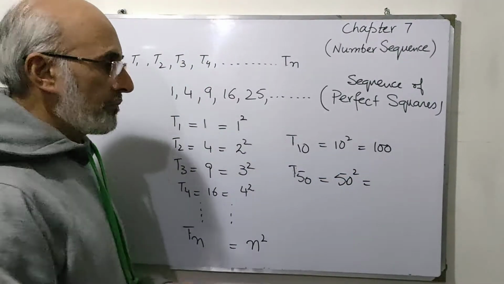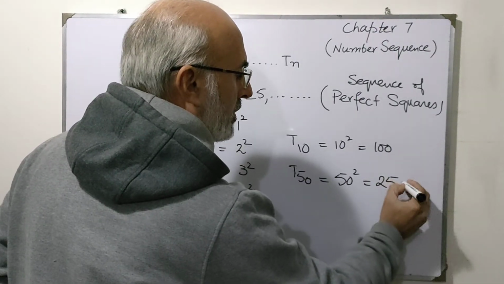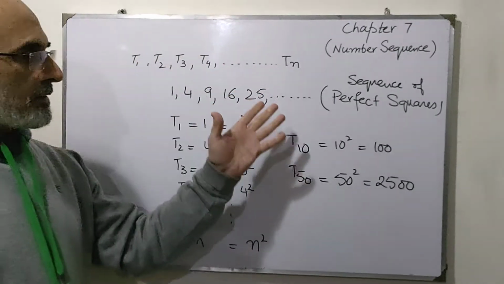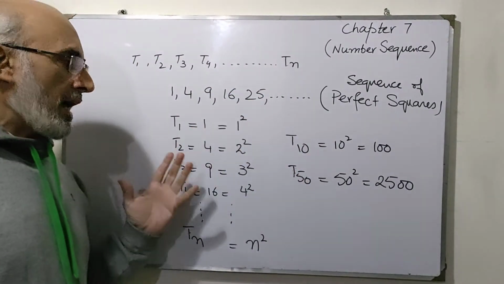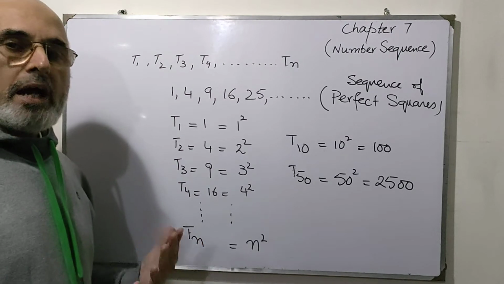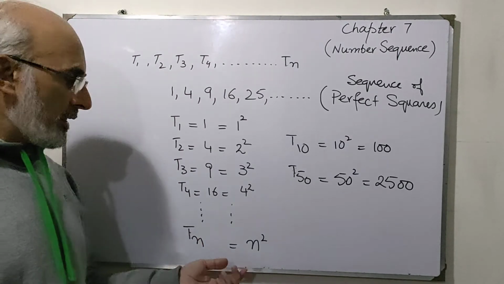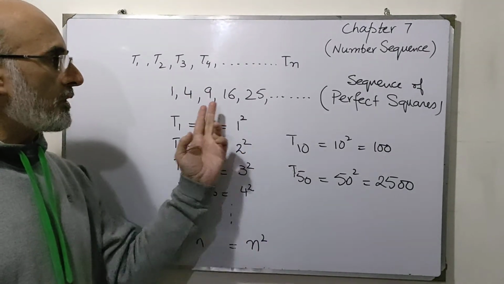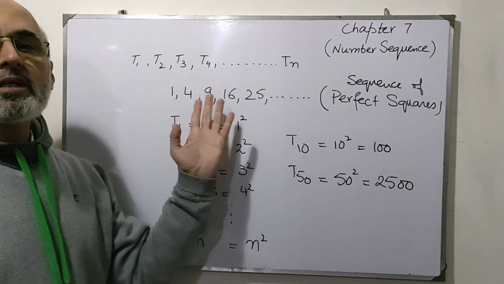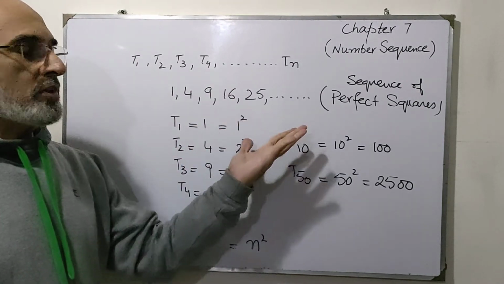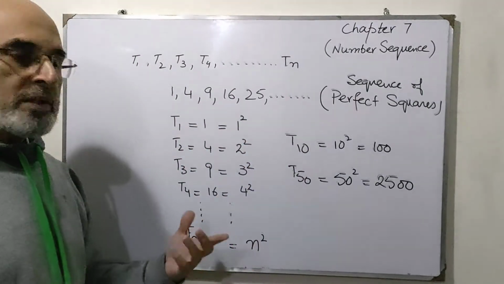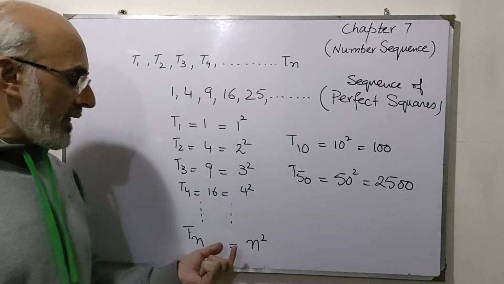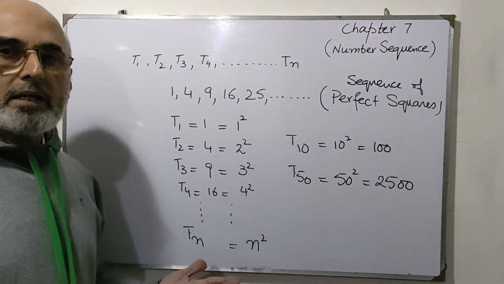What will it be? 2500. This gives you the idea of how we get a generalized term, and the generalized term gives you a formula like this. N square is the formula for this sequence of perfect squares. Whatever the term number is, we square that number and we get our value.